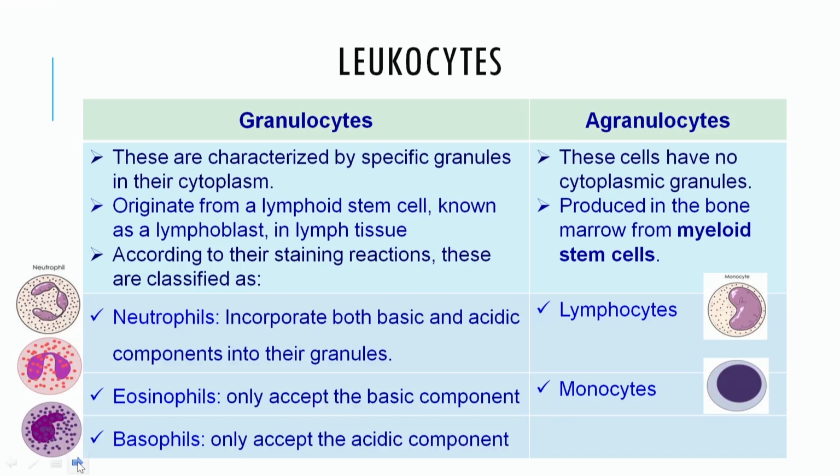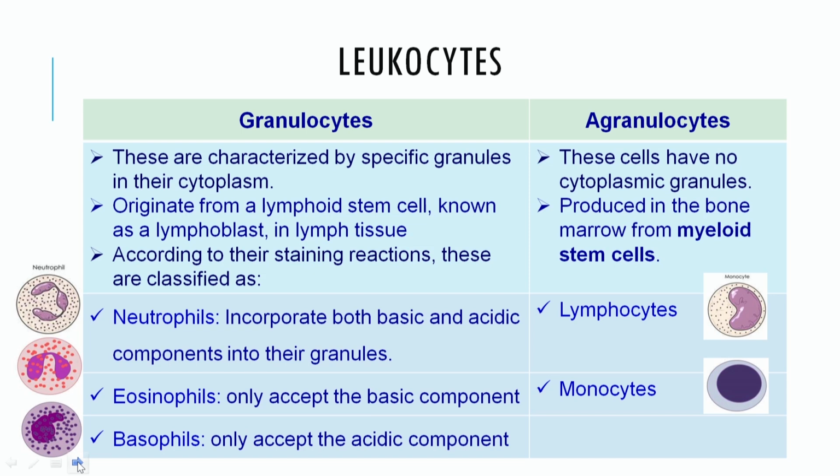Granulocytes originate from stem cells in the bone marrow. According to their staining reaction, these cells are classified as neutrophils, eosinophils and basophils.